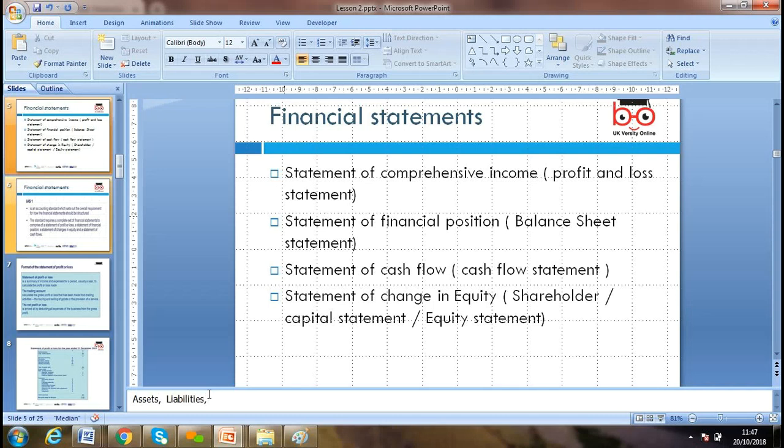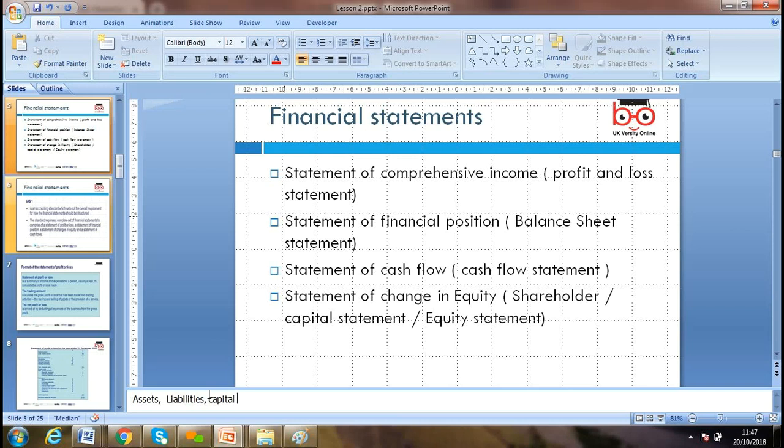Liabilities are anything we owe; if we are liable to pay, it's a legal obligation to pay. And capital. All these figures are shown in the statement of financial position, the balance sheet.